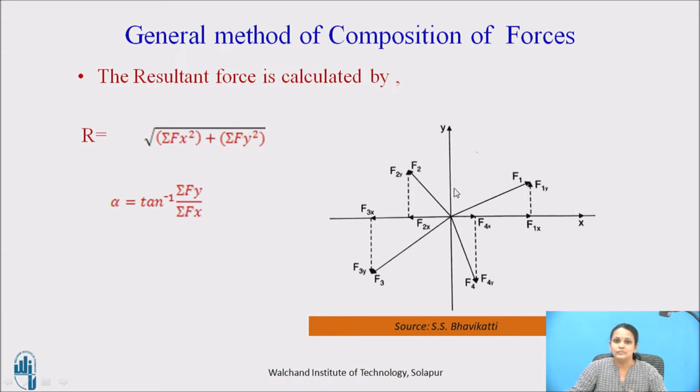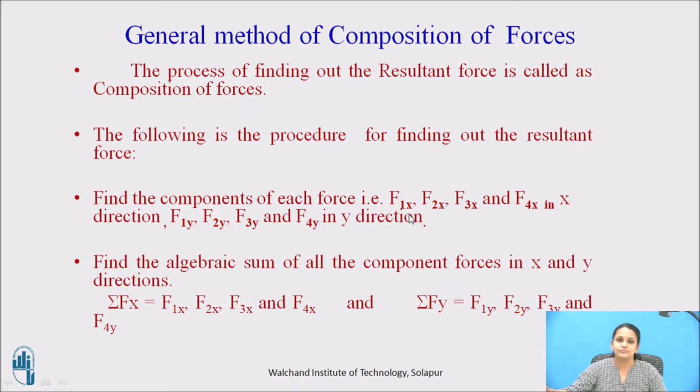So to find out the resultant force, we have to calculate the horizontal components of all these forces and the vertical components. If you see, all the forces are inclined, so we cannot consider these inclined forces directly. So for that we have to first calculate the components of each force.